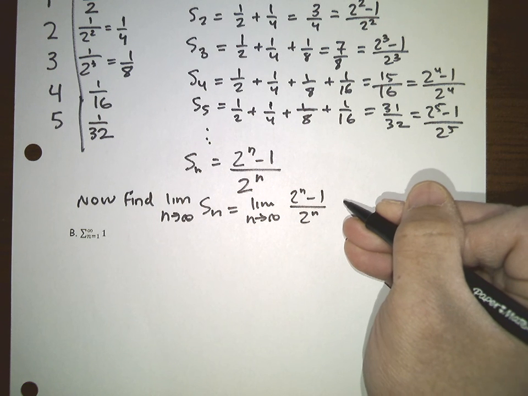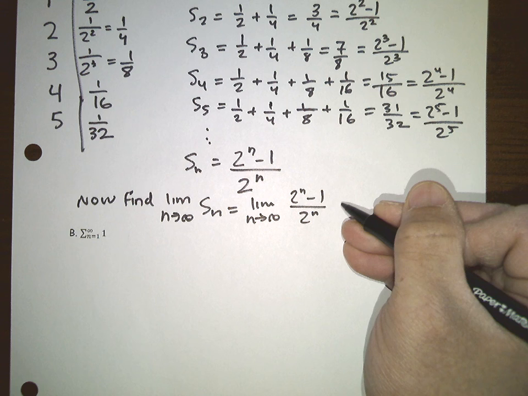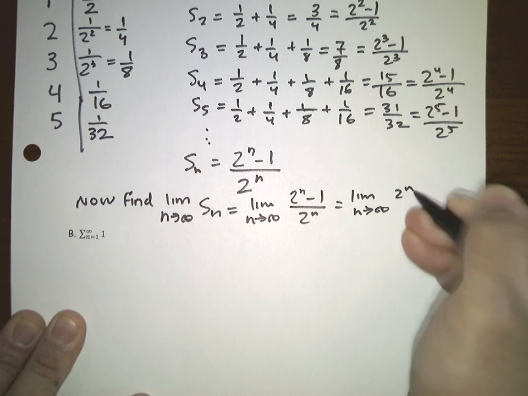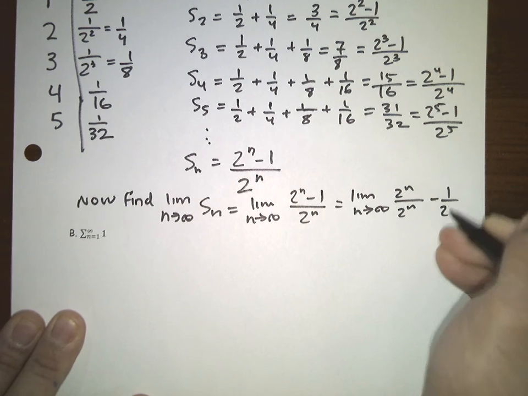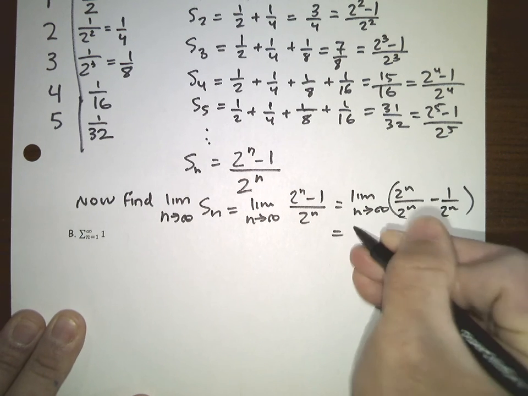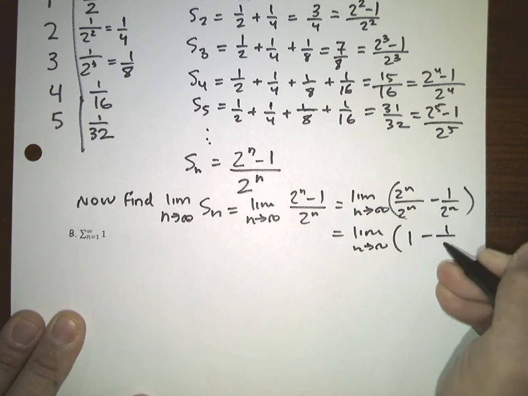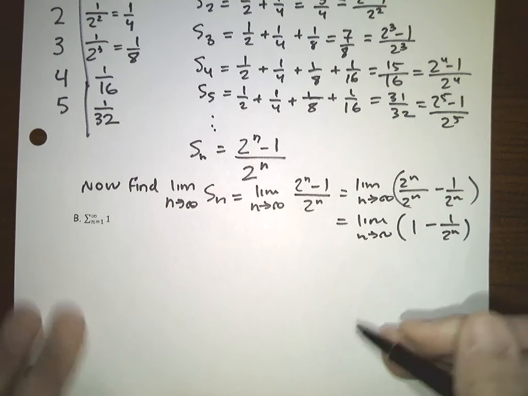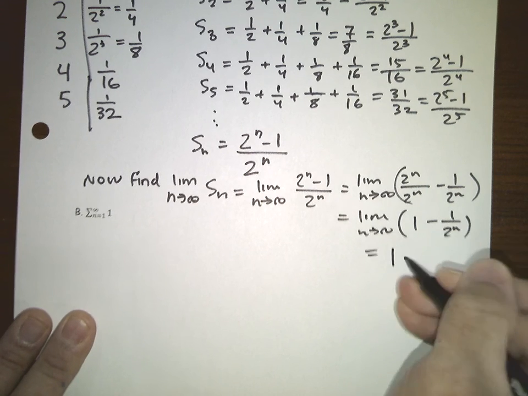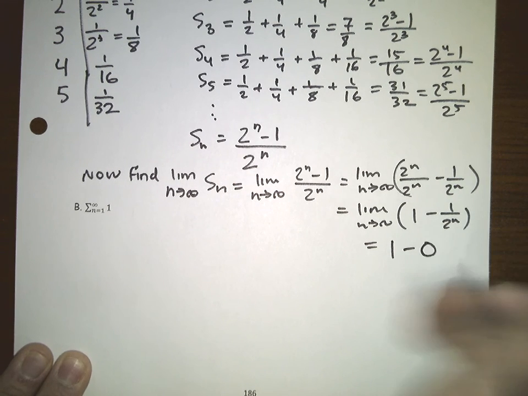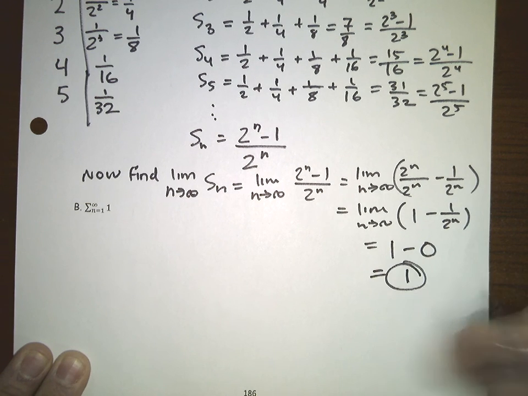So I'll just go ahead and rewrite this as the limit as n goes to infinity of 2 to the n over 2 to the n minus 1 over 2 to the n. But 2 to the n over 2 to the n will be 1, so 1 minus 1 over 2 to the n. But that will be 1 minus the limit as n goes to infinity of 1 over 2 to the n, which is 0. So 1 minus 0 is 1.